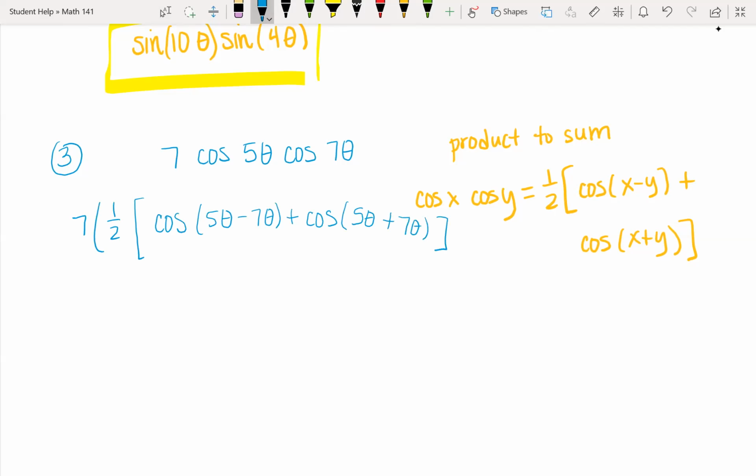A little too close there, right? So 7/2 cosine -2 times theta and cosine of 12 times theta.